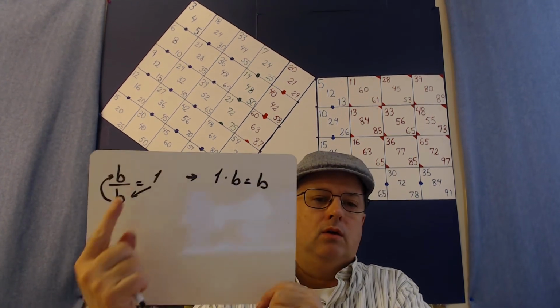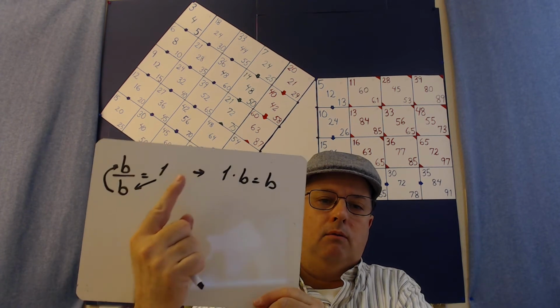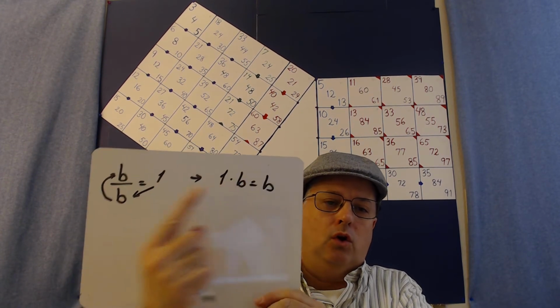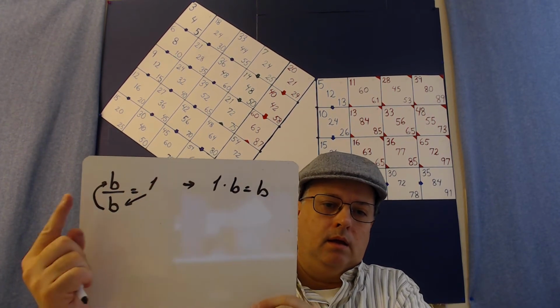Because 1 times b is b. What's b divided by b? Well, it's 1. And that's because 1 times b is b.